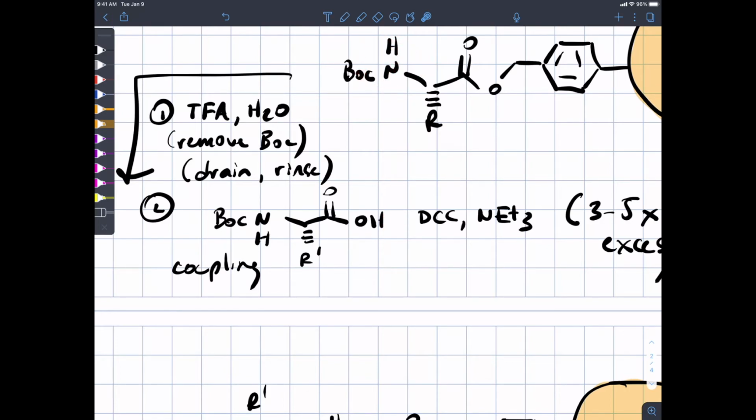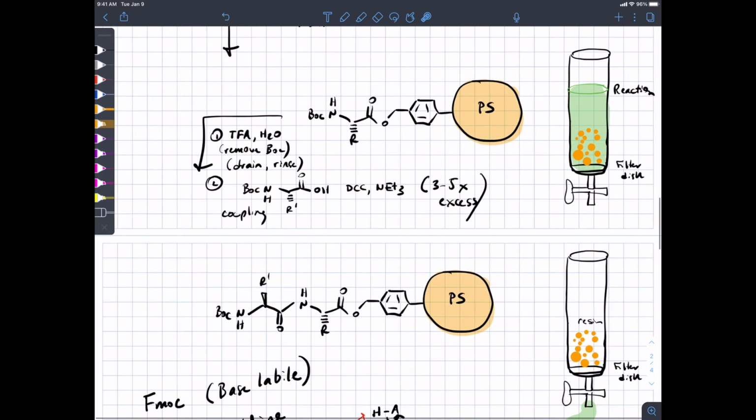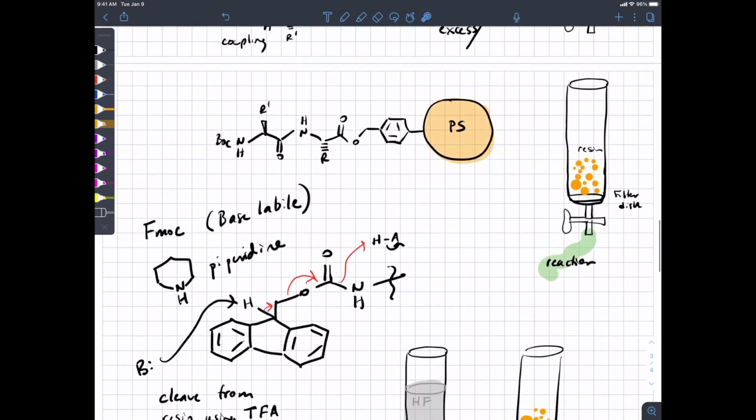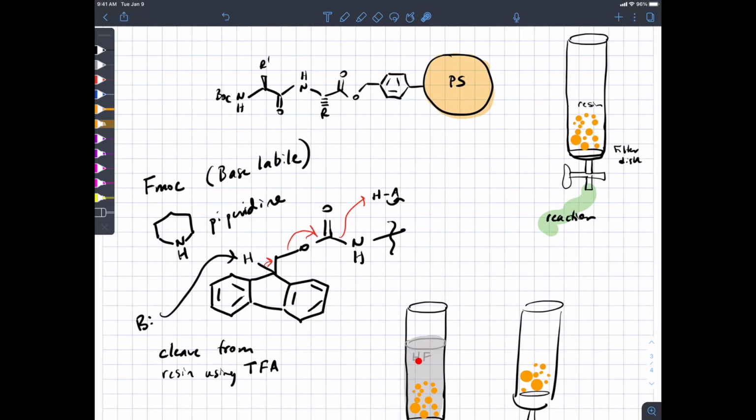So we need other protecting groups for the side chains, and here's the catch. They have to be cleavable under conditions that don't mess with Boc. And they also have to be stable to the peptide coupling conditions. So that's a whole other story. And ideally, you want the side chain protecting groups to be able to come off under the same conditions that remove the peptide from the resin, like HF.